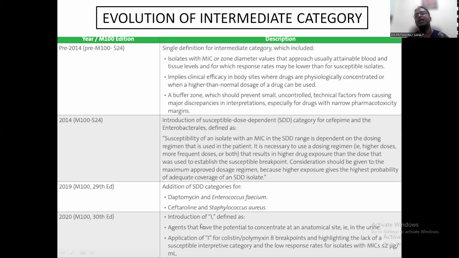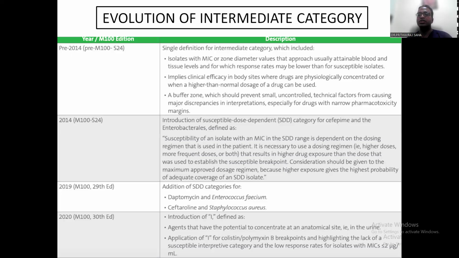So it is very clear. I means a certain zone of MIC which can be achieved by an increased dose than the normal dose of the antibiotic without causing toxicity, or in a certain anatomical location where the drug gets concentrated.